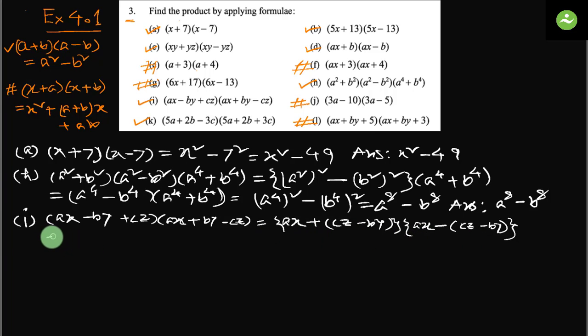Okay, ax, this is a, square means ax whole square minus b means cz minus by whole square equals a square minus b square. So equals a plus b into a minus b.